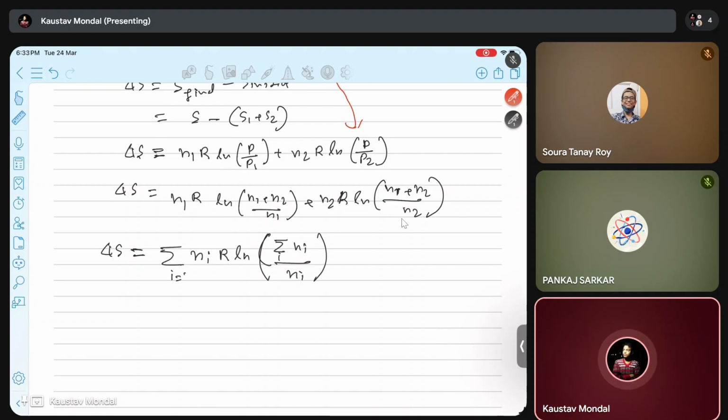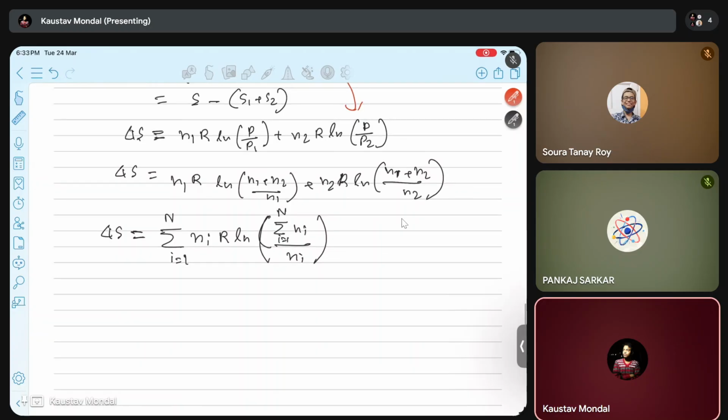So i runs from, let's suppose, 1 to n. If n equals 2, then it will take this specific form. If n equals 3, there will be another term, n1 plus n2 plus n3, right?